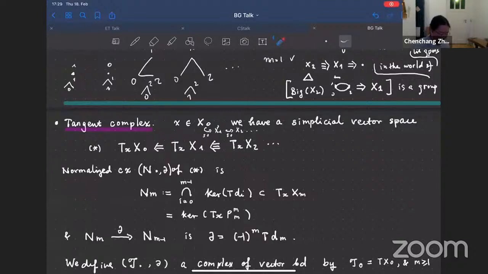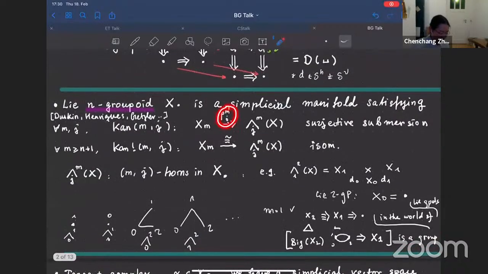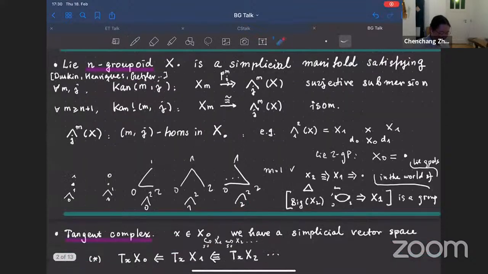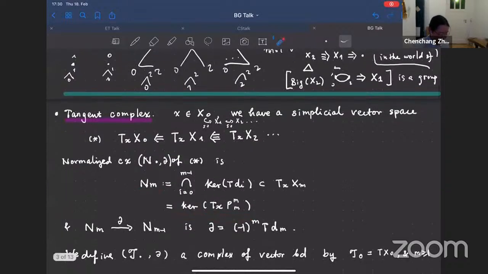It turns out this normalized complex is simply the kernel of the horn projection of the last horn.